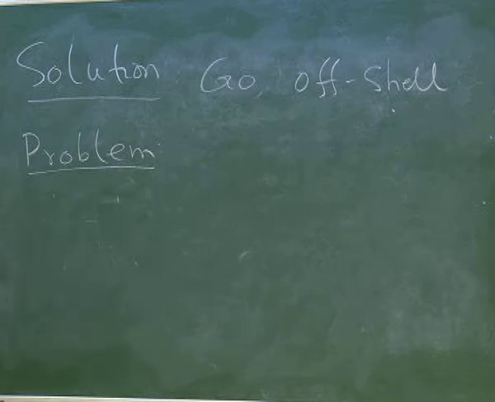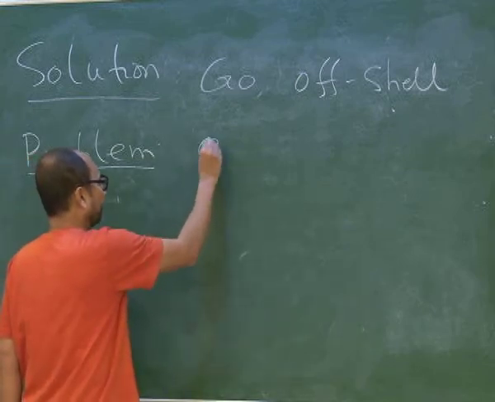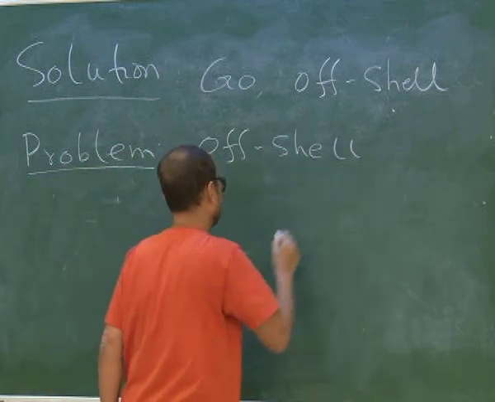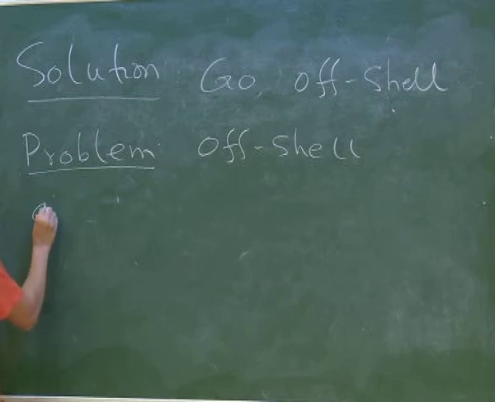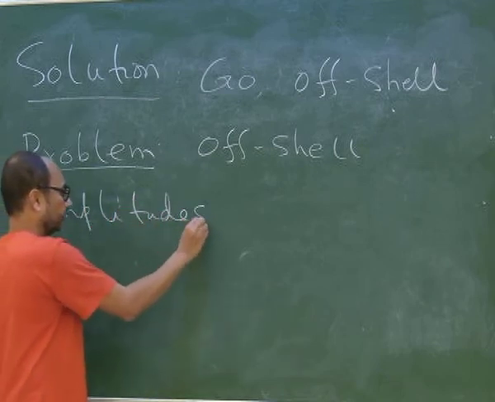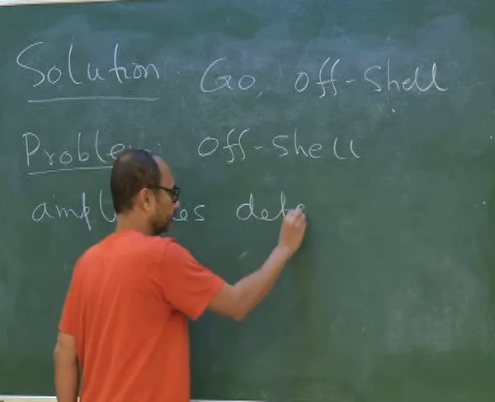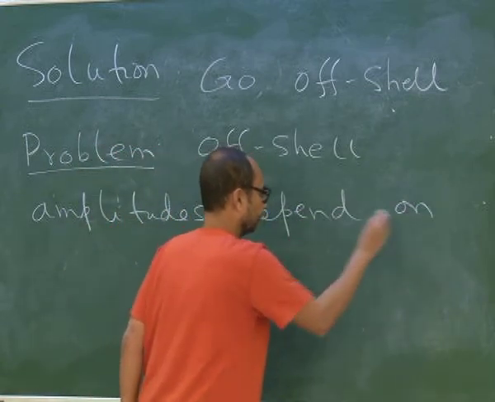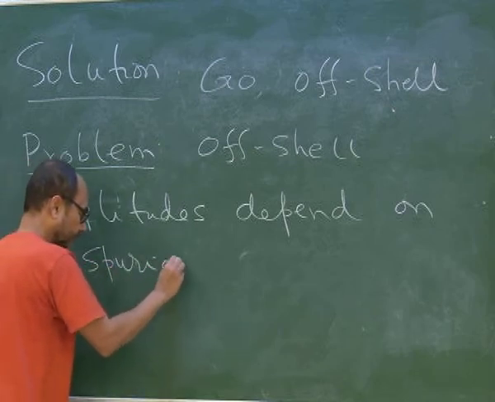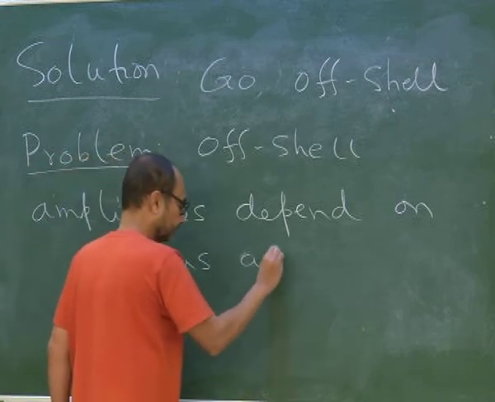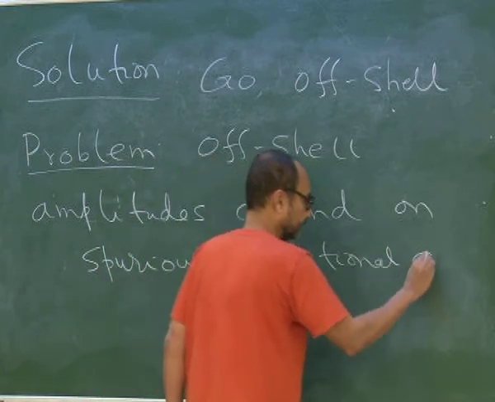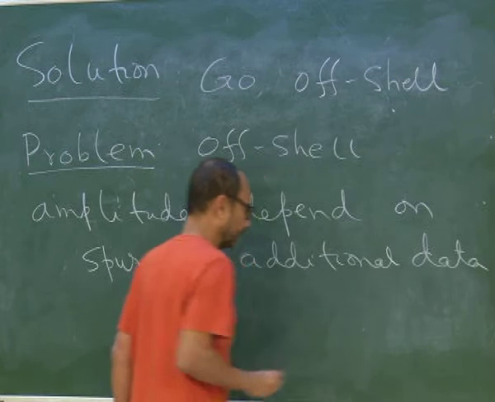And the problem that we have is that off shell amplitudes depend on spurious additional data on the world sheet.